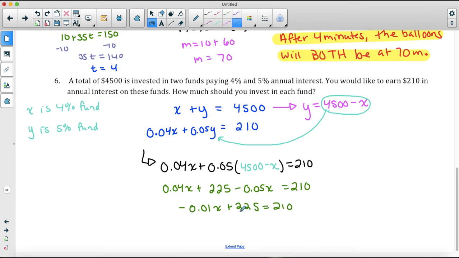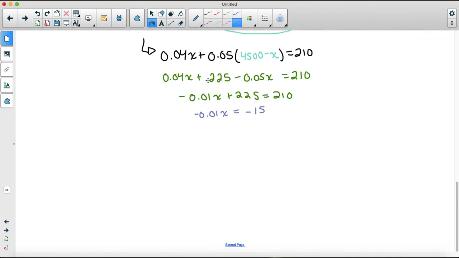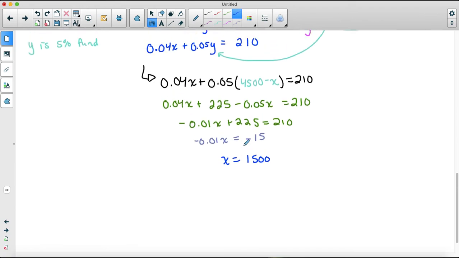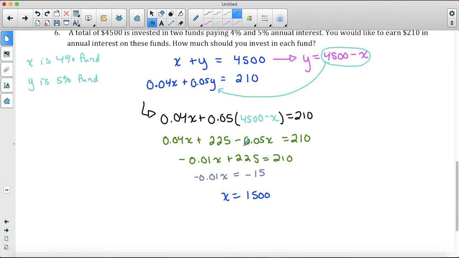We will subtract the 225 and we'll have negative 0.01x is equal to negative 15. Now we will divide by that negative 0.01 and we'll actually get x equal to a positive 1,500. That's how much they are putting into the 4% fund.